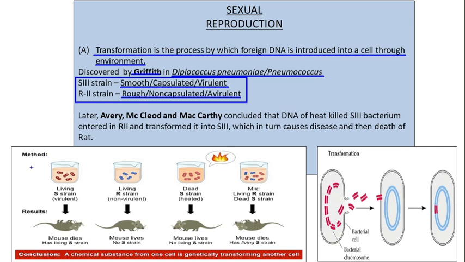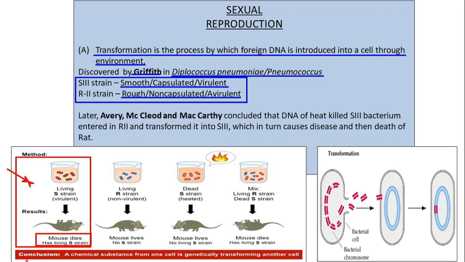Let us see the experiment conducted by Griffith. In the first experiment, he used the S strain, which means the virulent strain. Immediately when this strain was added, the bacteria was virulent and therefore the mouse was dead.